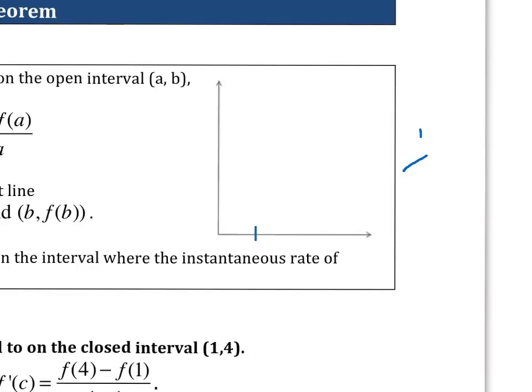Here is our value a, and here is our value b. And let's go ahead and just draw some function right there on our interval a to b. Now, what this theorem is guaranteeing is that at some point on this interval, we're going to have a tangent line that's parallel to the secant line. Okay, so here is your secant line.